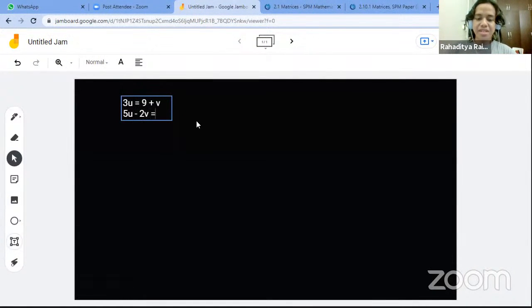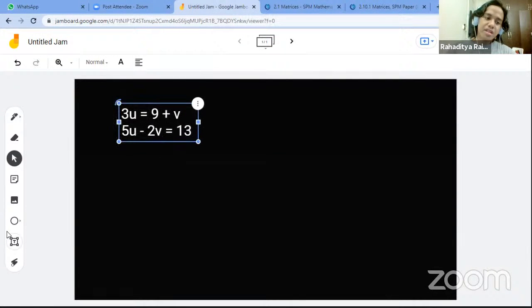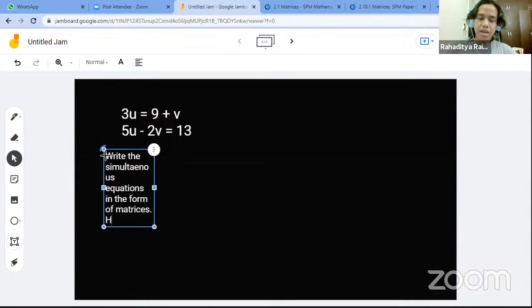You may have noticed I changed something. So you have the simultaneous equations in the form of matrices. Hence, using matrix method, find U and V. Only do this when they say specifically using matrix method.